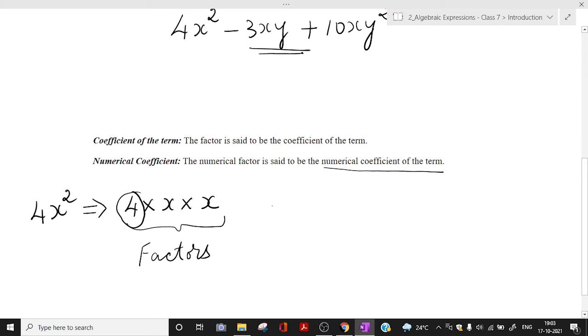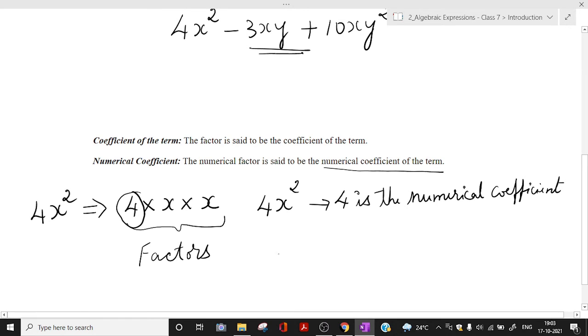Let me write it over here. If I'm taking 4x squared, then 4 is the numerical coefficient, right? And then we have x, which is not numerical, it's non-numerical.